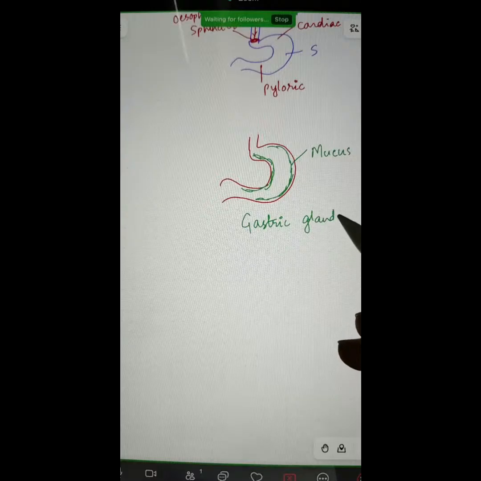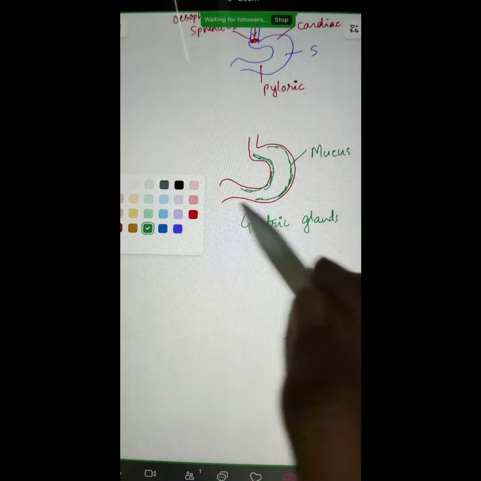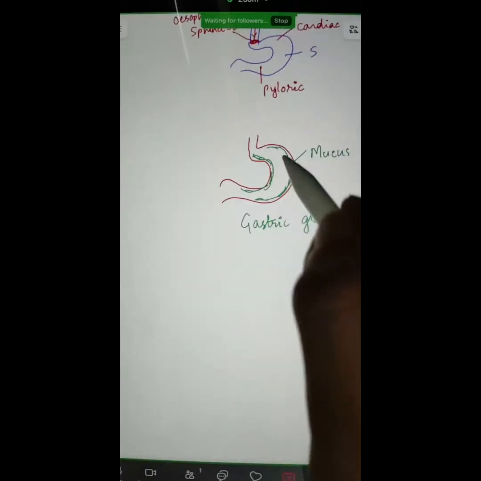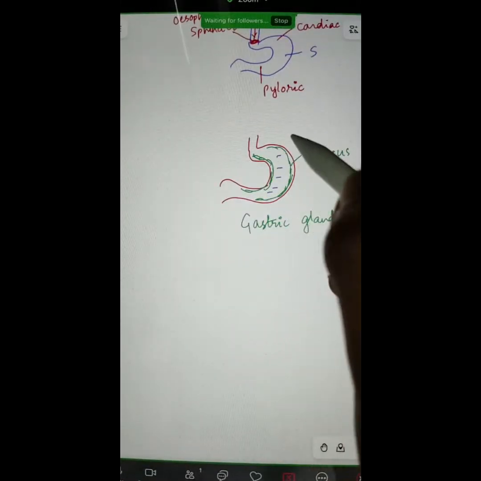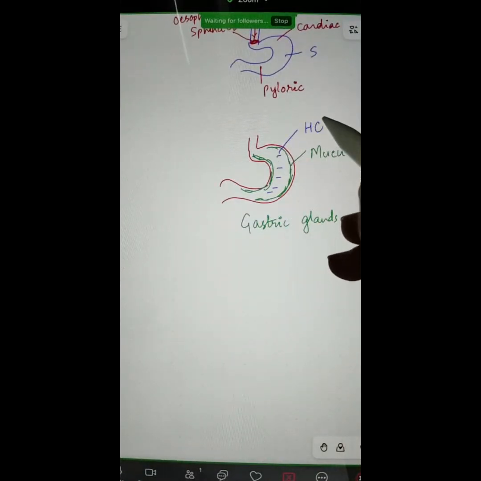Why is there a need for mucus? Because the stomach has strongly acidic conditions because of the presence of hydrochloric acid in it. If HCl is there and mucus is not there on the boundary of the stomach, it would have churned the layer of the stomach. So to give added protection, it is lined by mucus.